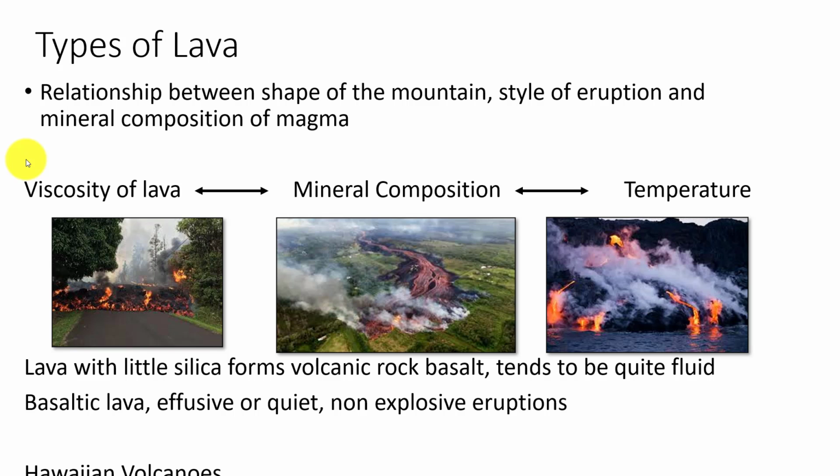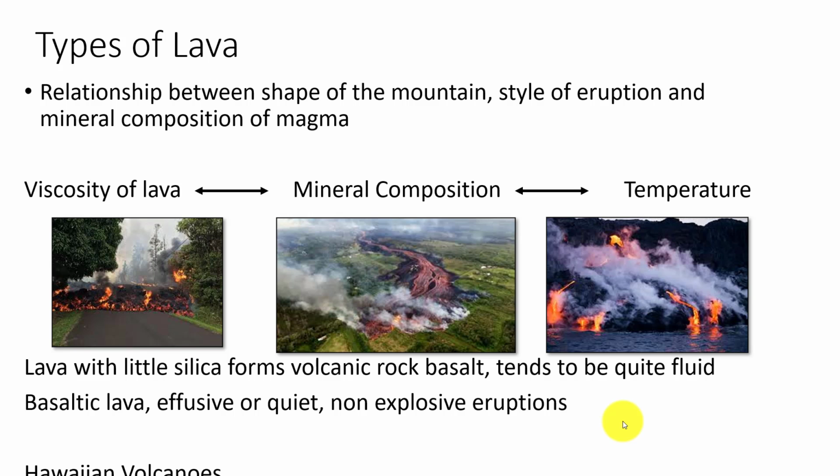You can see in the images here lava moving across broad swaths of the landscape, going through a residential area and across some agricultural fields, and then in this example, down into the ocean.